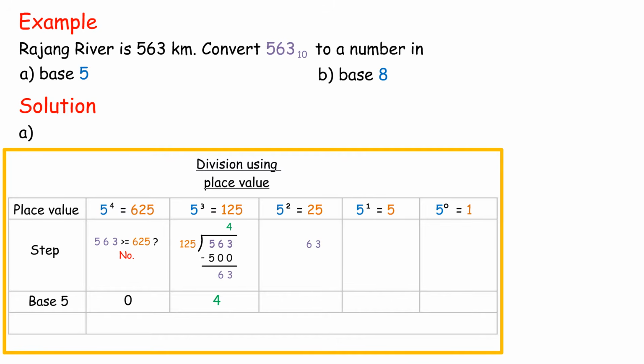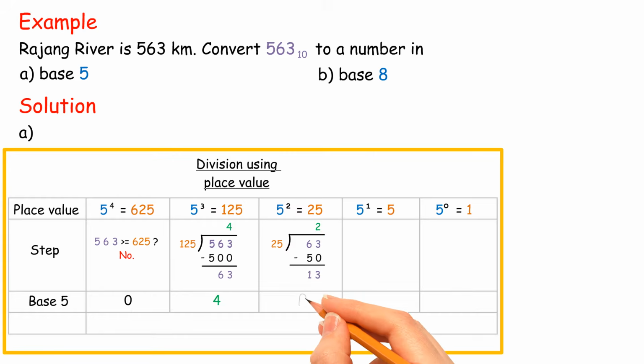Is 63 greater or equal to 25? Yes. Thus, 63 divided by 25, 2 times 25 equals 50. 63 minus 50 will get 13.